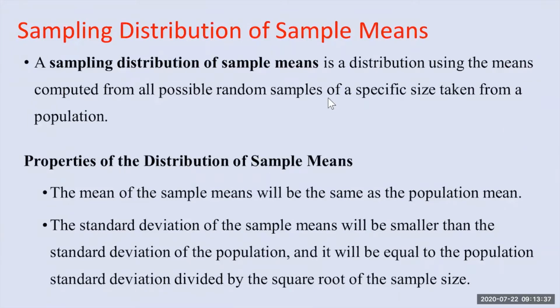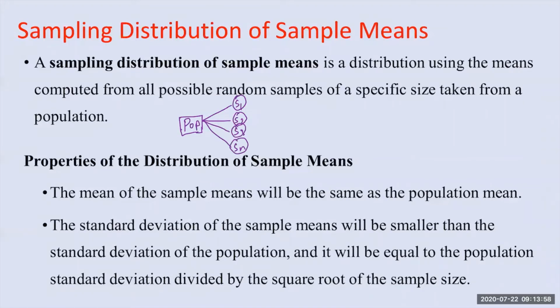So you have the population, one more time. From here, you are drawing all possible samples, S1, S2, S3, all the way up to Sn. These are your samples. And from each sample, you are calculating the mean.